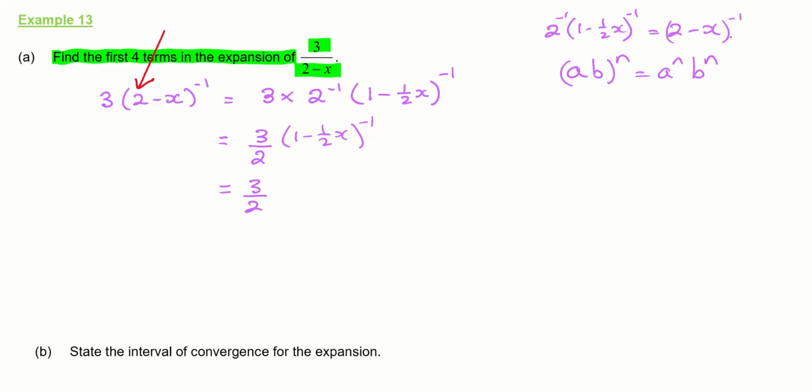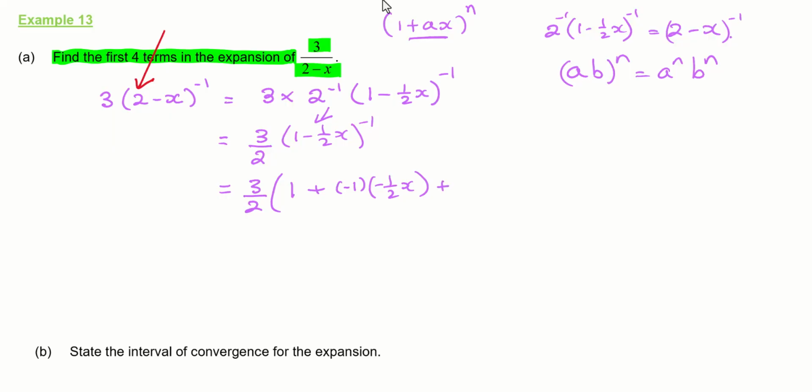So leaving the 3 over 2 here, we can now do the expansion. So we're going to get 1 plus nax. Notice that the a here is negative a half. Remember, 1 plus ax to the n in the formula, so our a is negative a half.